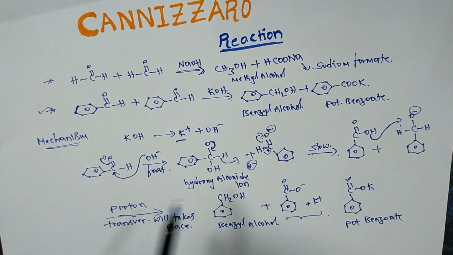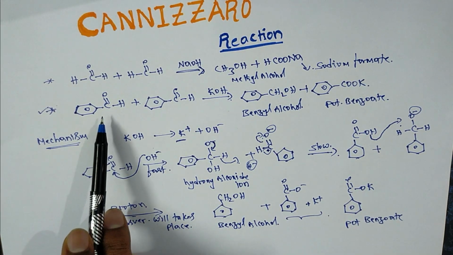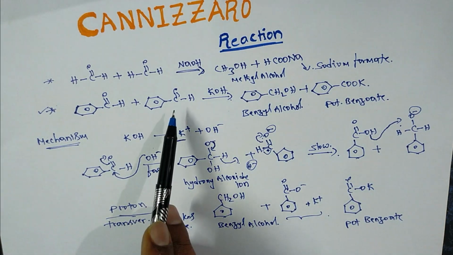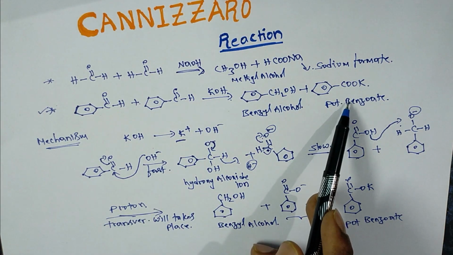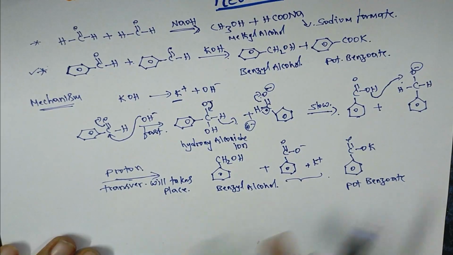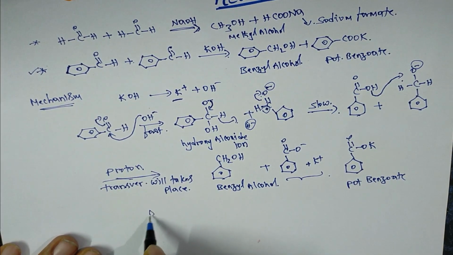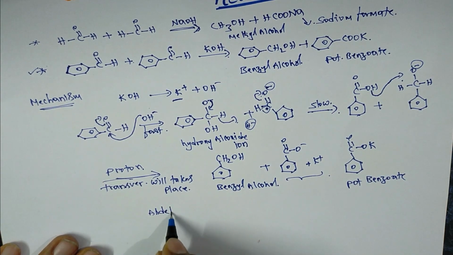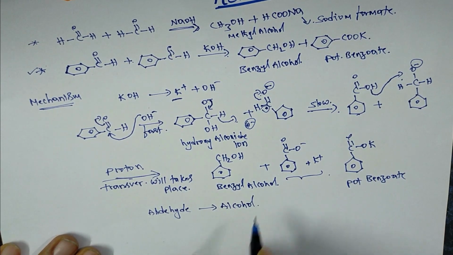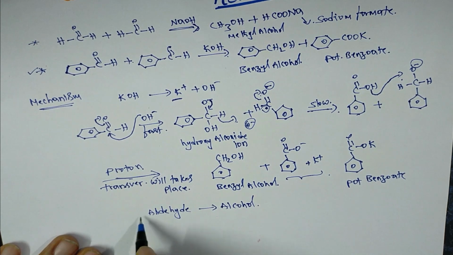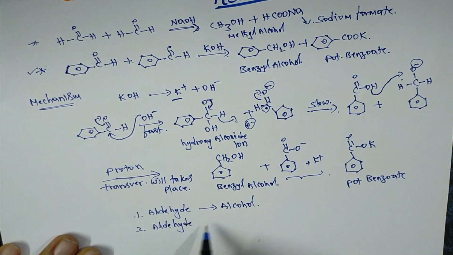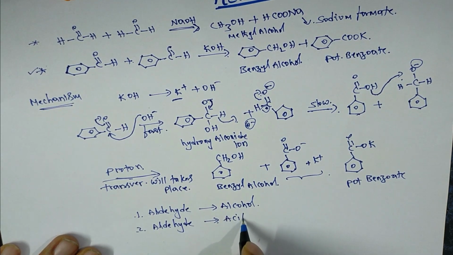In the Cannizzaro reaction, we observe that one aldehyde converts into alcohol, which means reduction takes place, and the other aldehyde converts into a salt of acid, which means oxidation takes place. So in the Cannizzaro reaction, one aldehyde converts into alcohol and the second aldehyde converts into acid salt.